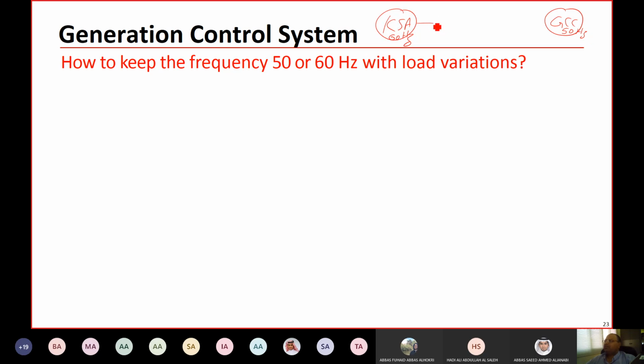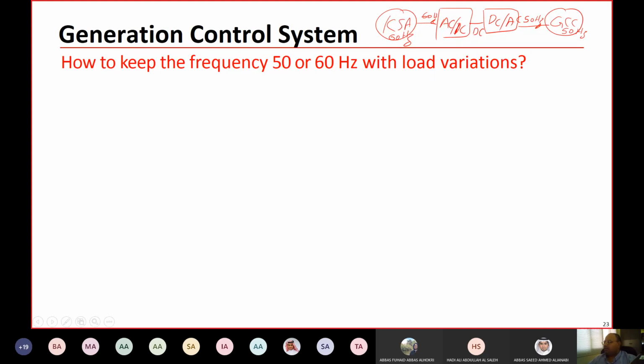Here you have to convert this AC to DC, so you have AC to DC conversion, and then DC to AC at 50 hertz.